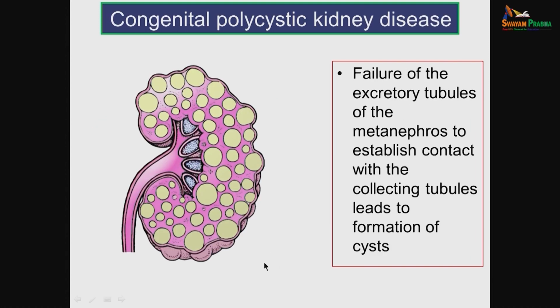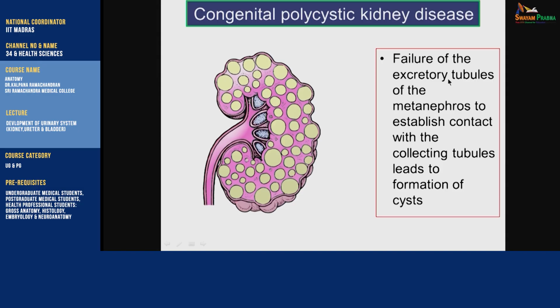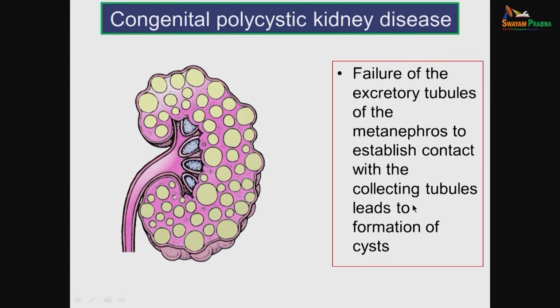Next is a clinical condition which is called congenital polycystic kidney, where you can see lot of cysts within the kidney. We have already learnt that the excretory tubules of the metanephros should contact the collecting tubules. The ureteric bud comes in contact with the metanephric blastema, induces the metanephric blastema to form the nephrons which connect with the collecting tubules, which is derived from the ureteric bud.